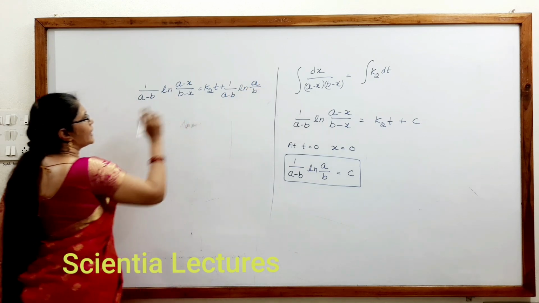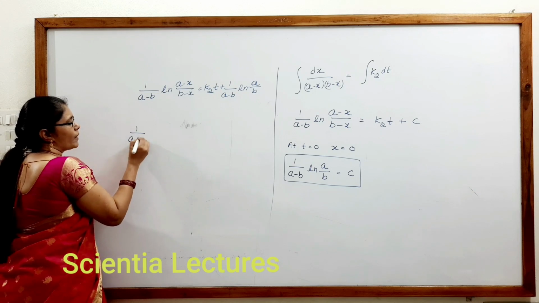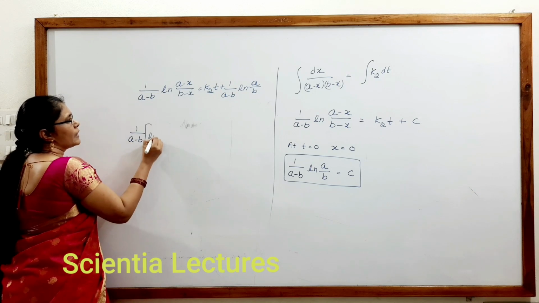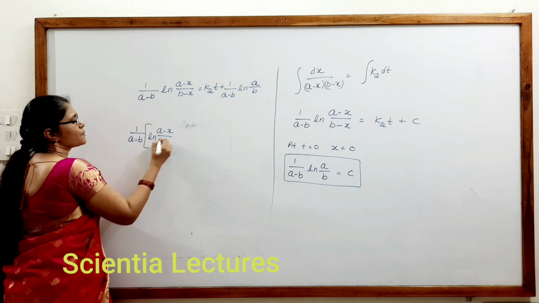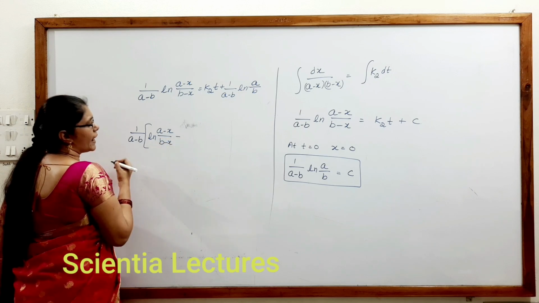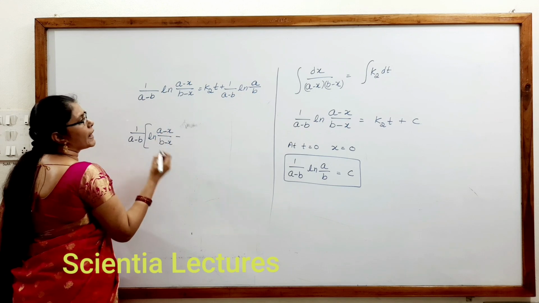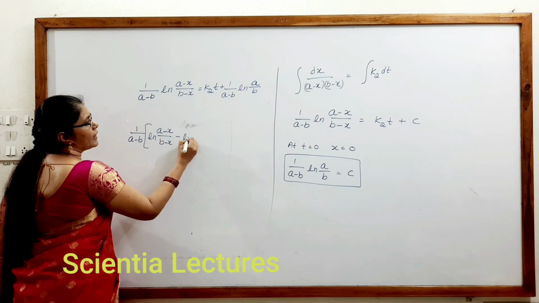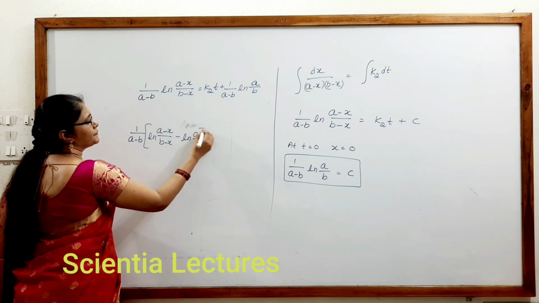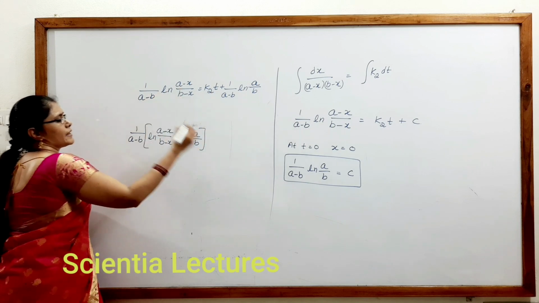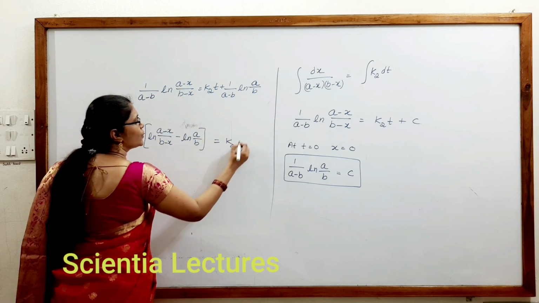Now get this side in common: 1 by a minus b ln a minus x by b minus x minus 1 by a minus b ln a by b. We have got this side is equal to k2 t.